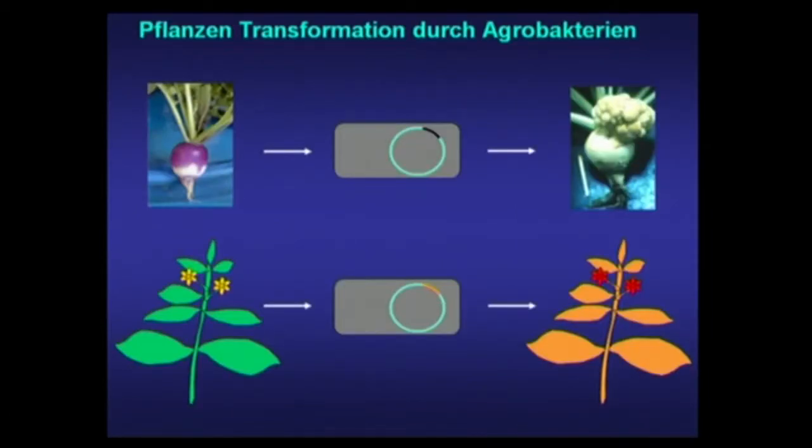What do we do? We use a bacterium, agrobacteria. That is a soil bacterium that is able to modify a plant genetically. In nature, this will produce a tumor because there are genes being transmitted which are important for tumor formation.